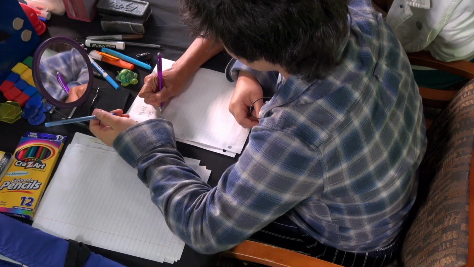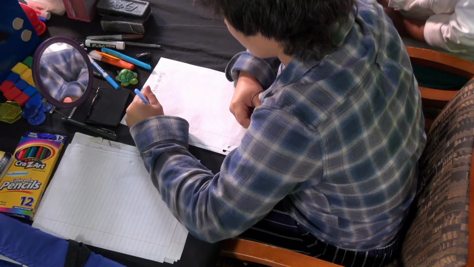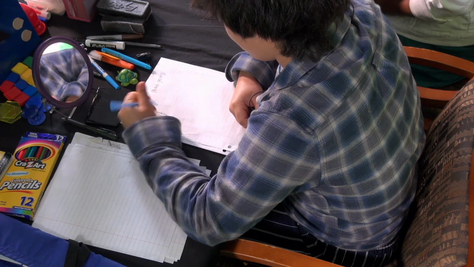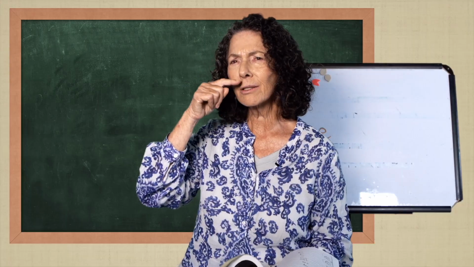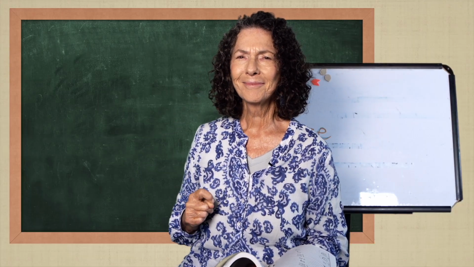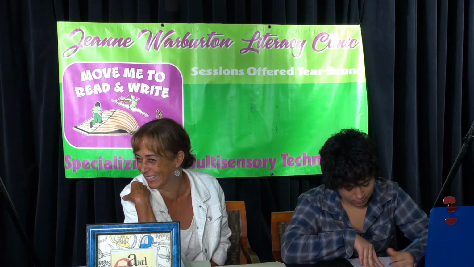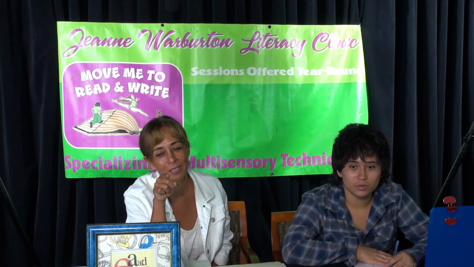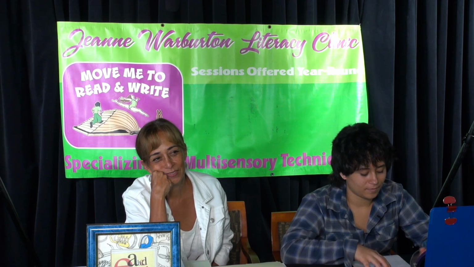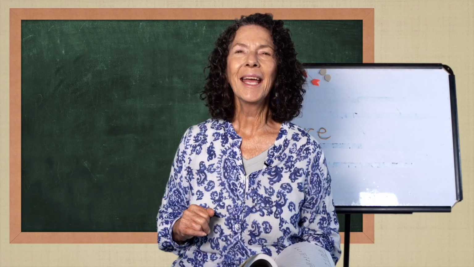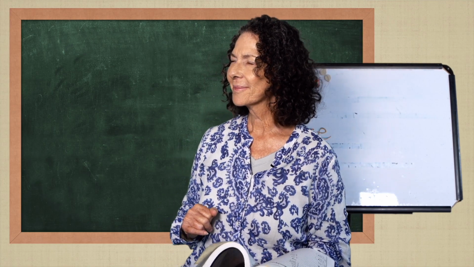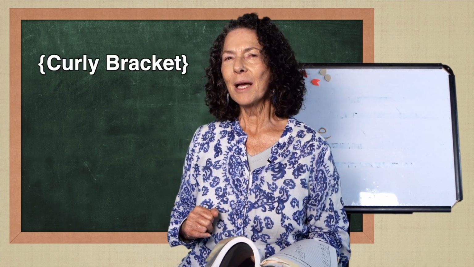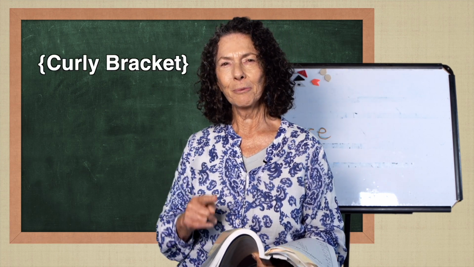What's that little symbol called, Mahina, that has a little nose in it? It's not a bracket. I don't know the name of it, but we'll find out for you when we return.